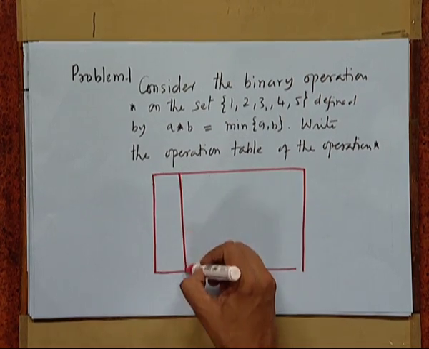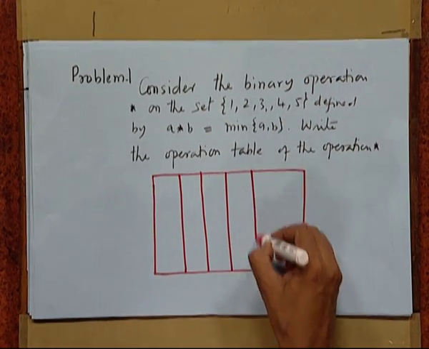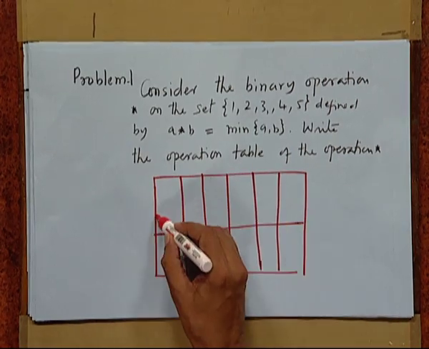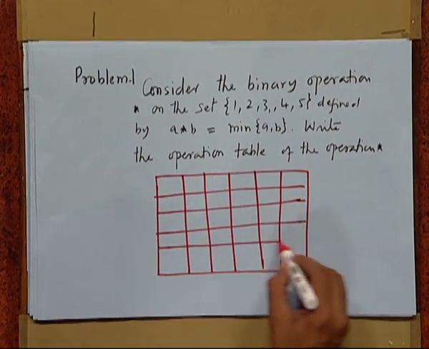Here we make a table. The operation table is just the depicting of all the outputs of the operation for all possible cases.